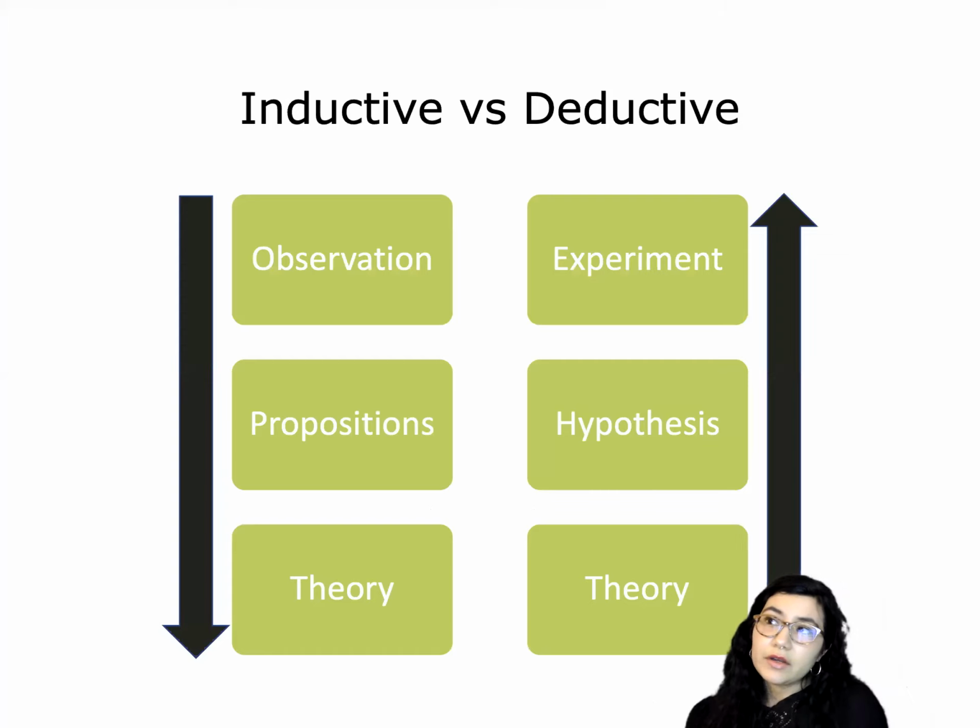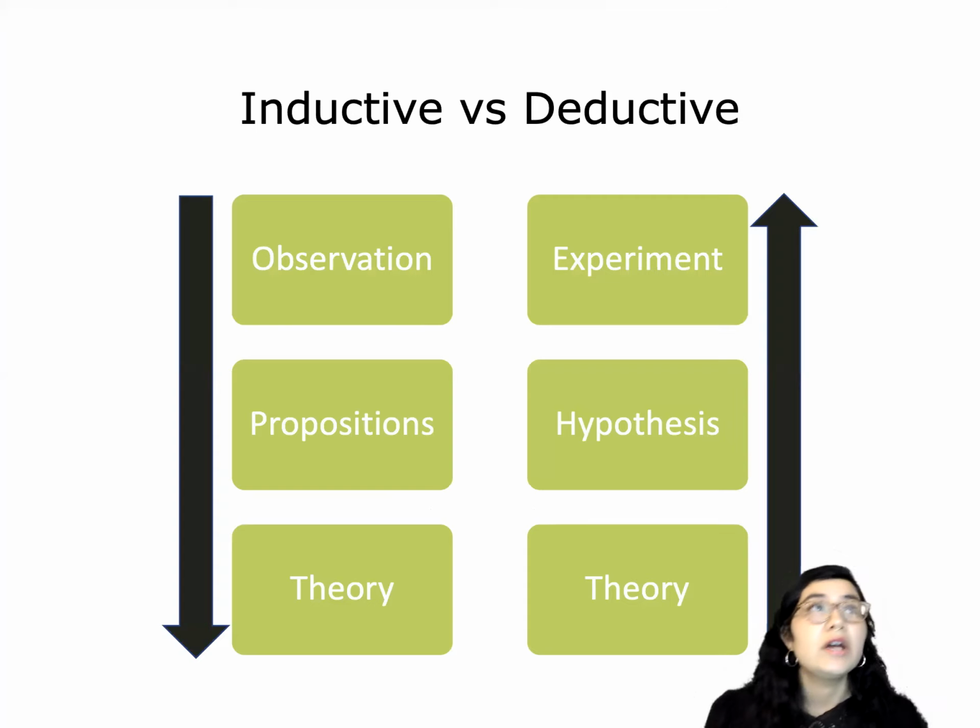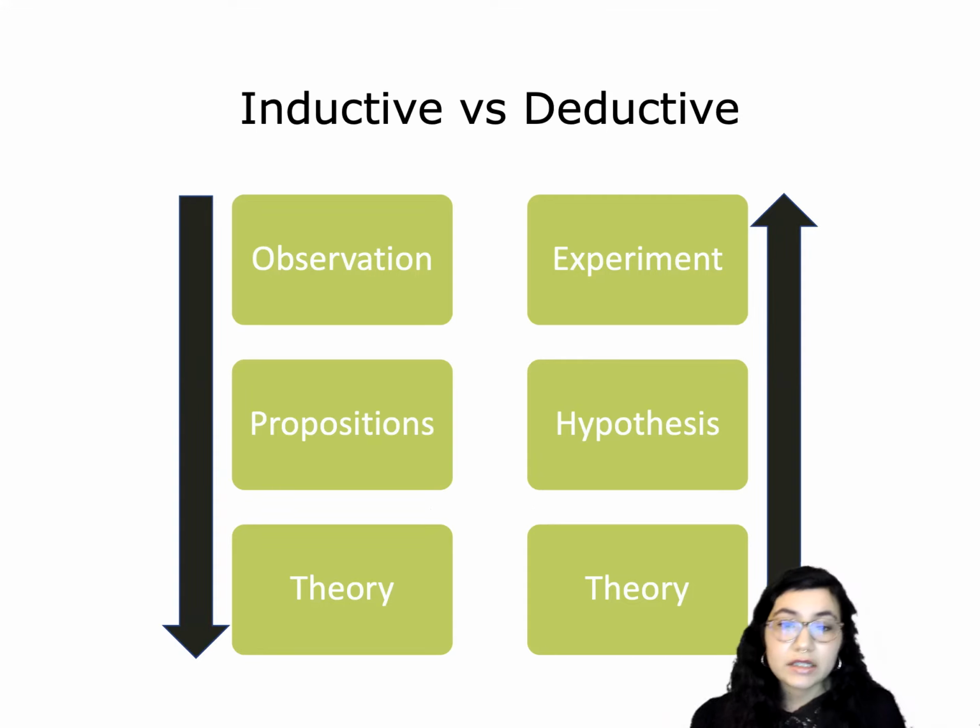And the sort of approach or direction in which we look at research is pretty important. So when we think about research, sometimes we start with our observations and work to theory, and that's often in qualitative methods.